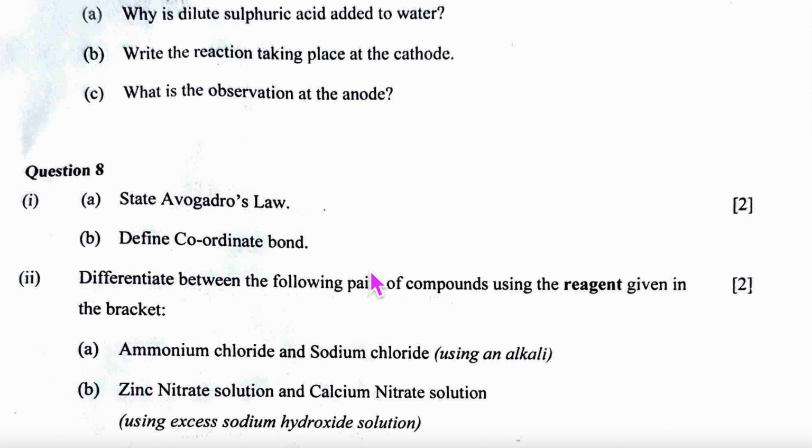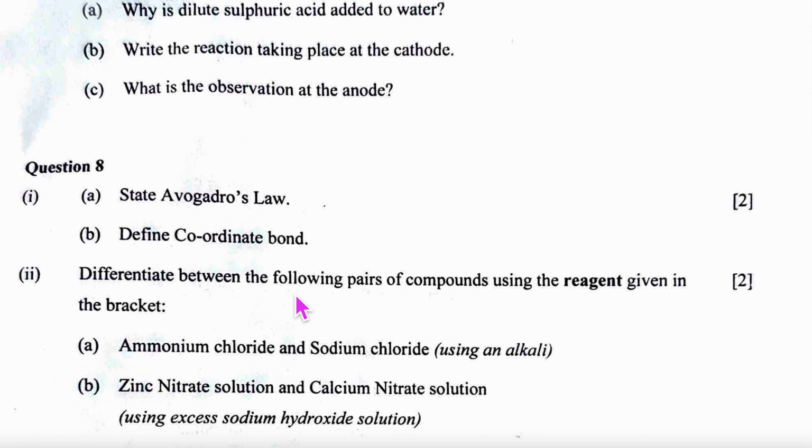But now we are coming to differentiate between the following pairs of compounds using the reagent given in the bracket. That's your second subpart, and each one is for 1 mark. A, ammonium chloride and sodium chloride using an alkali, and B, zinc nitrate solution and calcium nitrate solution has been given to you and you have to differentiate.